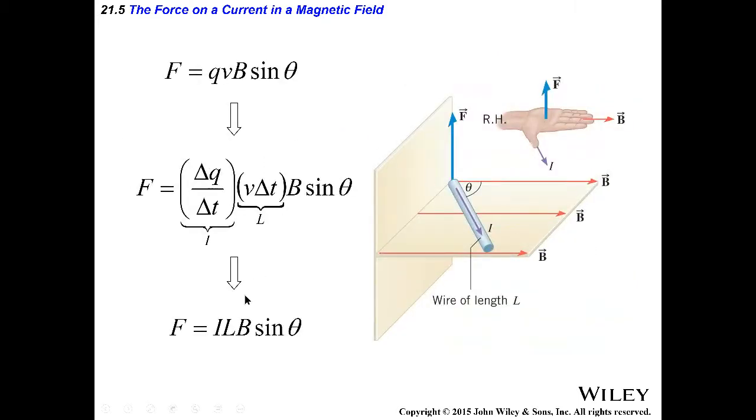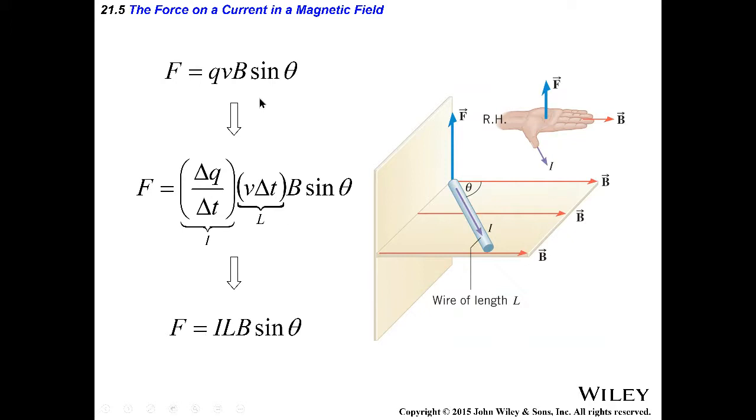And now this is just to express it in terms of the mechanical aspect of it. If this is the force law, you want to re-express it in terms of a current. So you say, I have Q, but I have a string of Qs in a given time interval. So that would be delta Q over delta T. And then I will say V delta T. Well, that's the distance, the length of the wire, basically, because I have a current flowing this length of the wire.